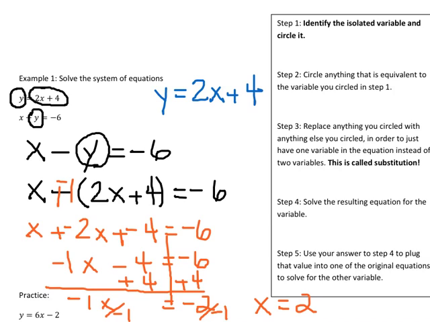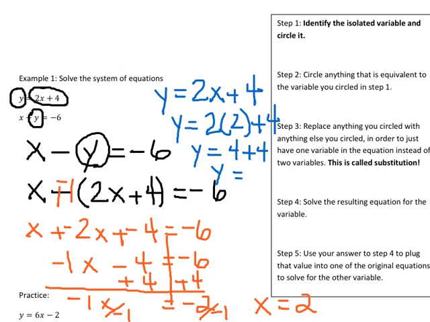So I'm going to plug in y equals 2 times this 2 value that I got for x. So 2 times 2 plus 4. So I get y equals 4 plus 4. So that means y equals 8.